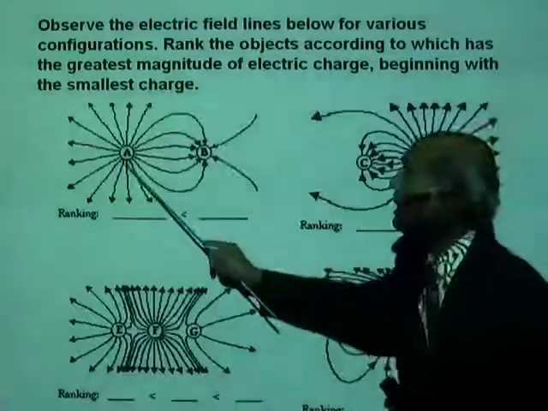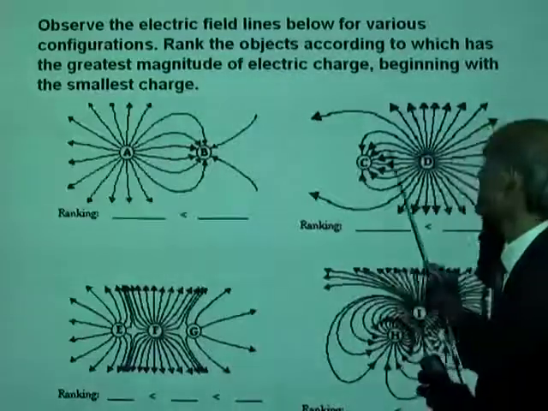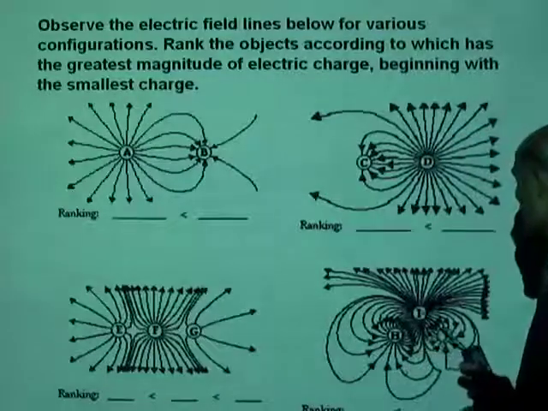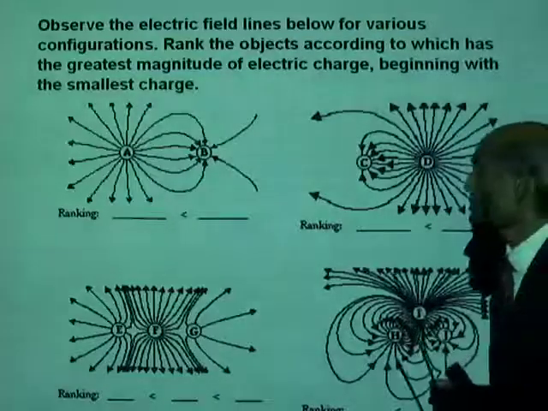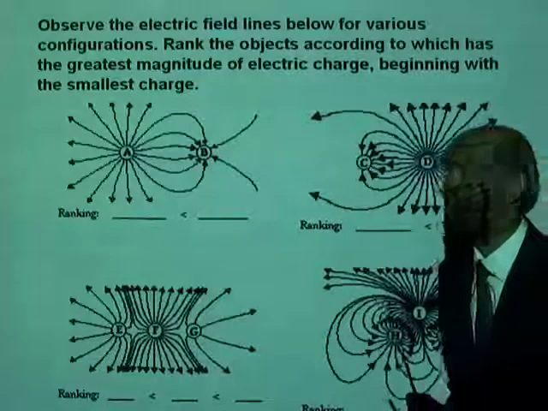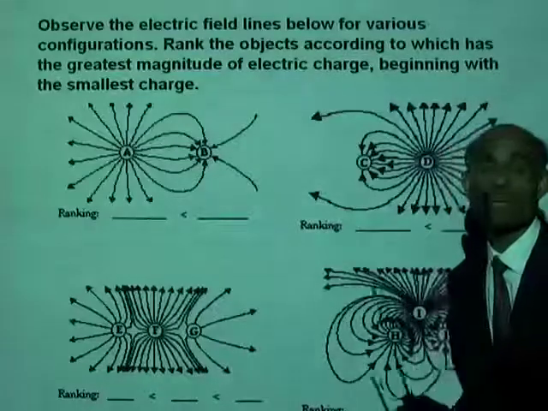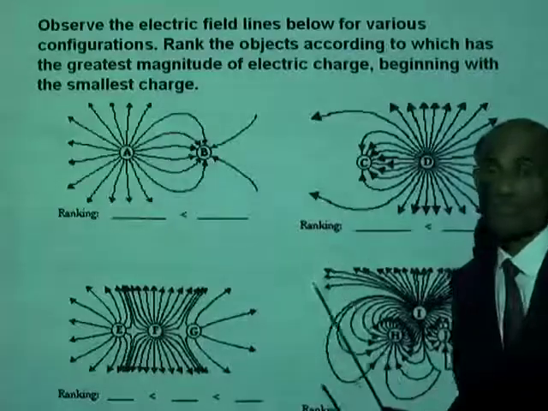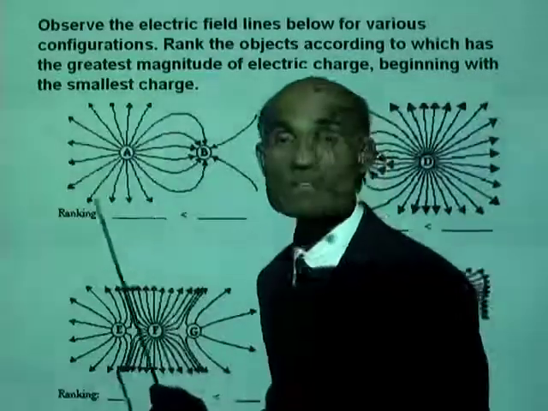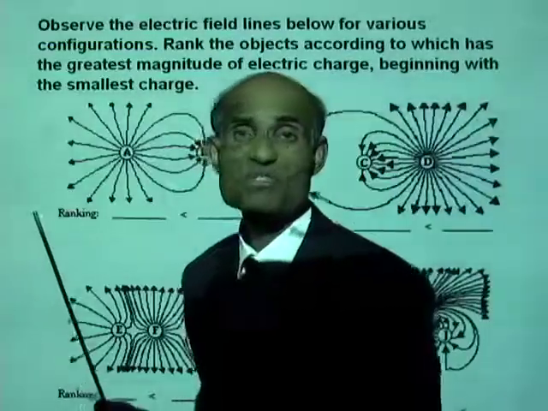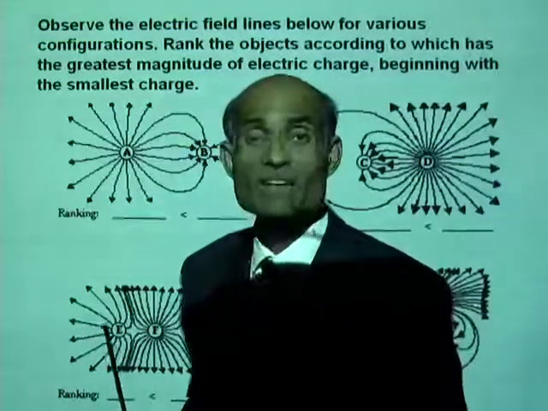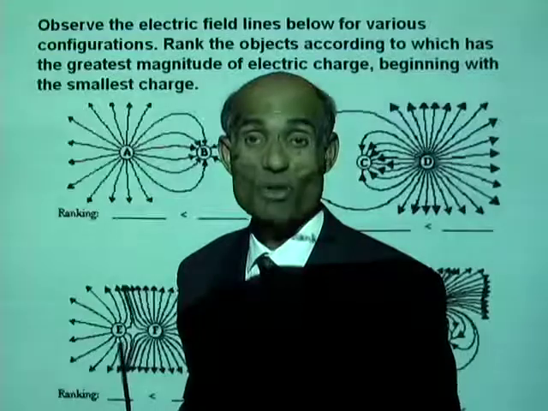Alright, we have objects A, B, C, D, E, F, G, H, I, J. You have to say which has the greatest amount of charge in each of those. So there are 6 assignments that carry 6 extra credit points. So send them to me within a week and you can earn those points.